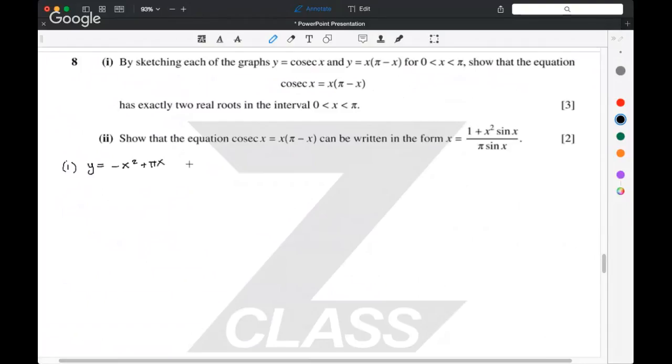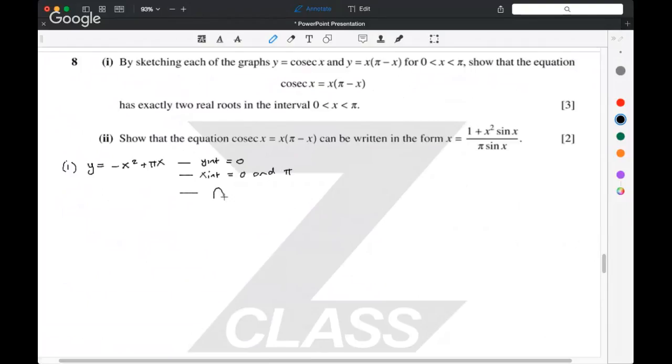Well, we can say that when x is equal to 0, y is equal to 0. So the y-intercept is 0. And we can see the x-intercepts are 0 and pi.